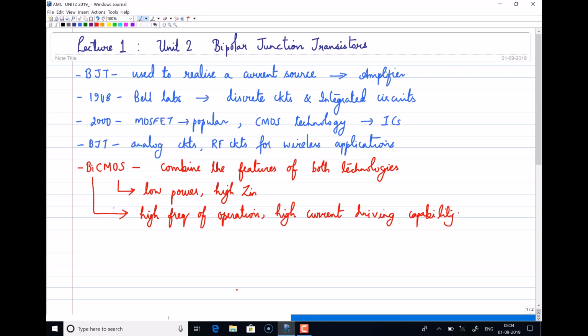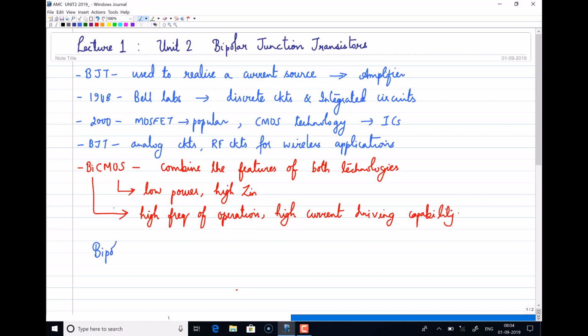So in short, even though MOSFET and CMOS technology are popular, the BJT is still a significant device, especially for analog and RF circuits. That is the whole idea why we are discussing bipolar junction transistors in this unit.